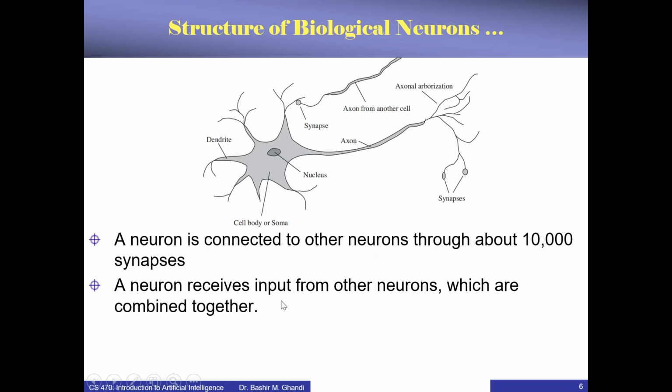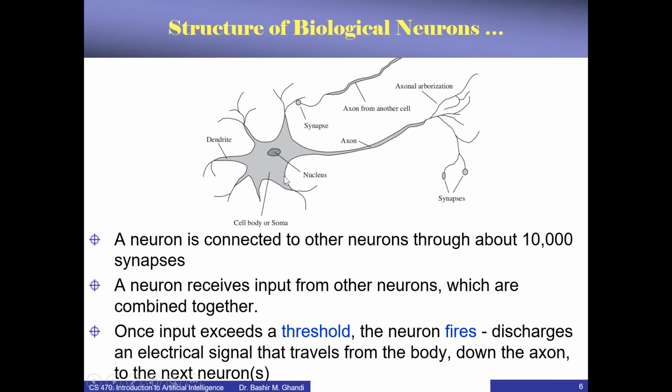A neuron receives input from other neurons, which are combined together. So this is showing you actually how the information is processed. The different input that is received from other neurons is combined together to form an amount of signals.